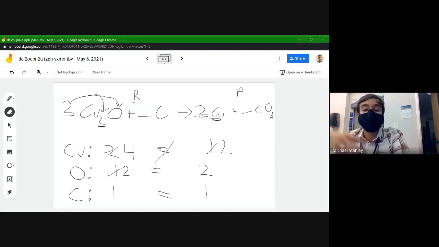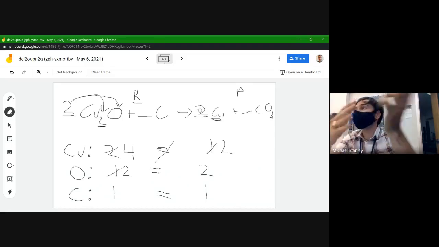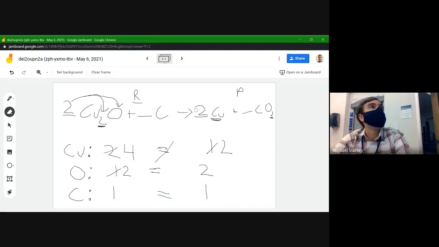Like I said, we can always fiddle with the coefficients until we're satisfied. Just because this is a 2 for now doesn't mean it has to stay at 2 forever. We could take it out and replace it with something else. So what would we need to replace it with in order to balance the reactant side?